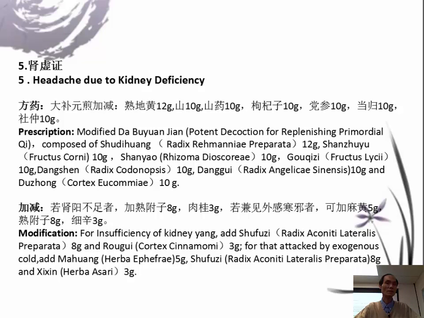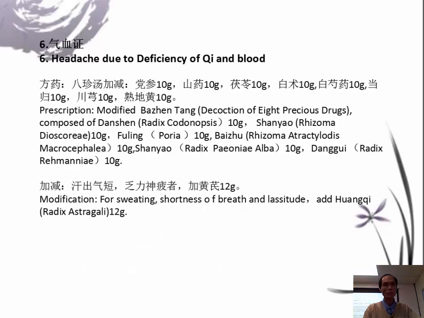And sometimes the headache is caused by kidney deficiency. This is seldom. We seldom see this case, but if you get it, we can use 大补元煎, which is composed of something similar to 六味地黄汤 plus 党参 and also 当归, 杜仲 and those things, okay?